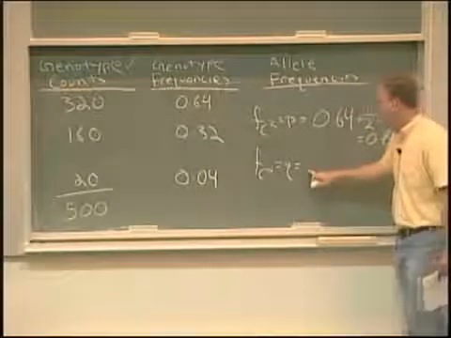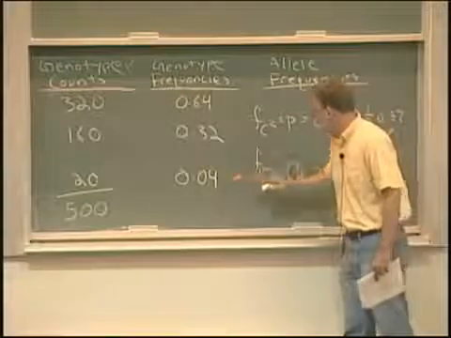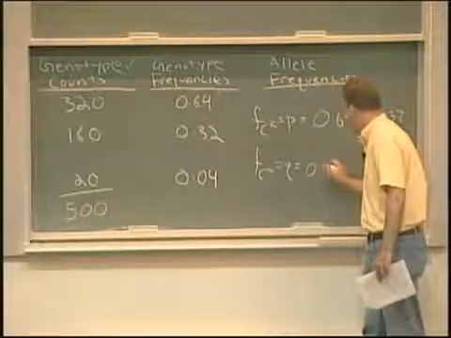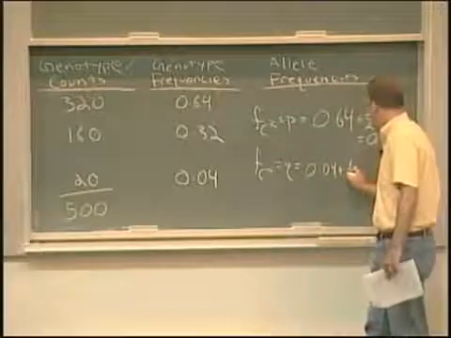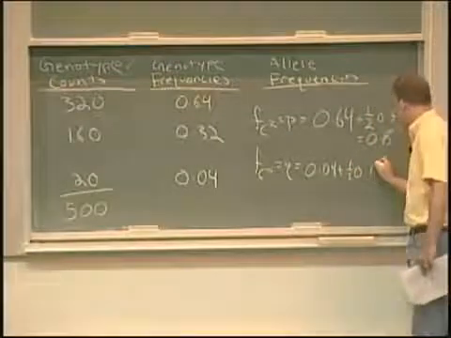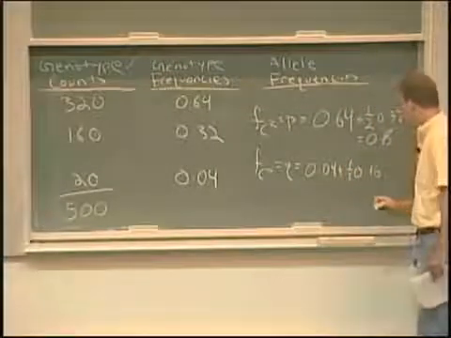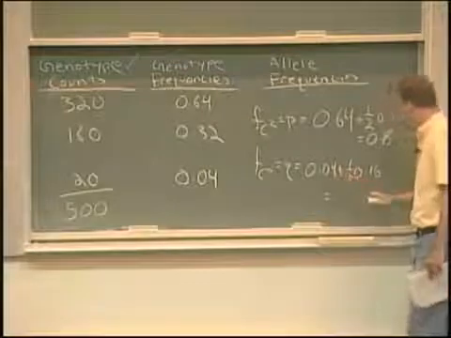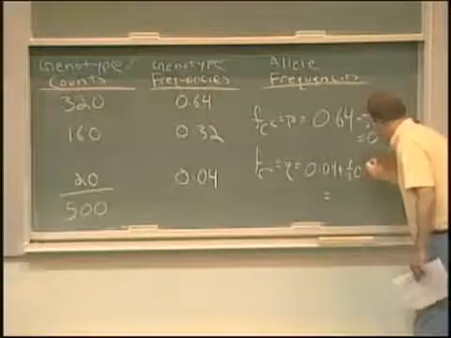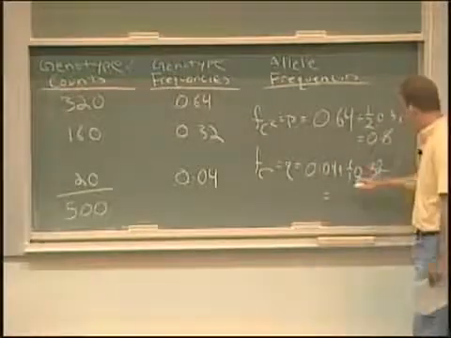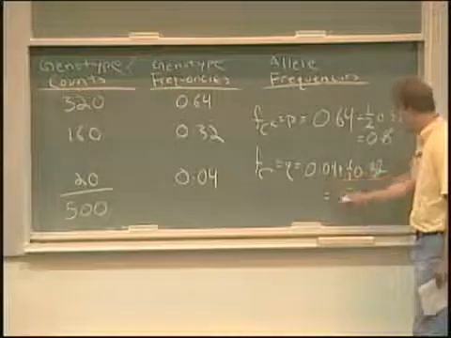And similarly over here, you would take the frequency of the homozygous individuals, which is 0.04, plus 1/2 the frequency of the heterozygotes, 0.16. So that's going to be 0.04 plus 0.16, thank you. 1/2 times 0.32 is 0.16, so that's going to be 0.2.